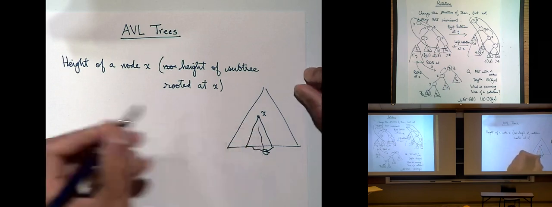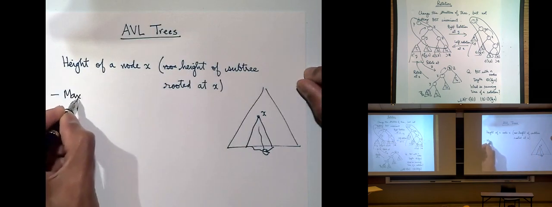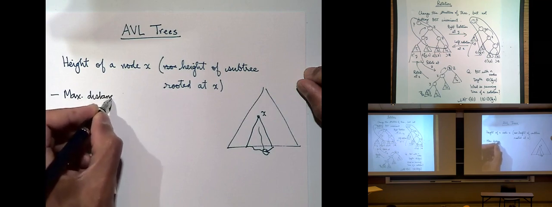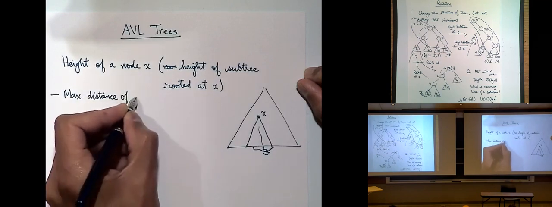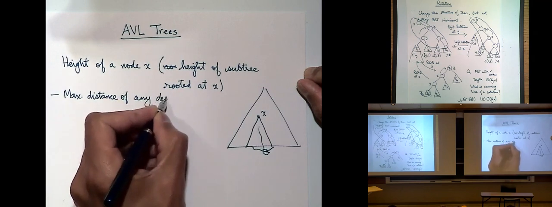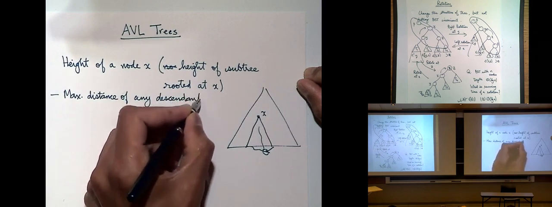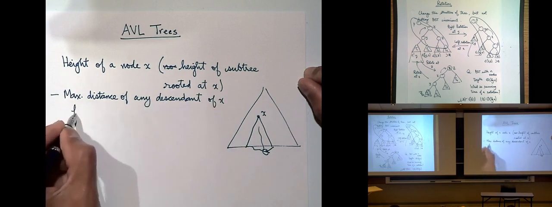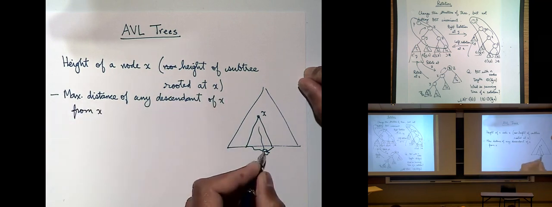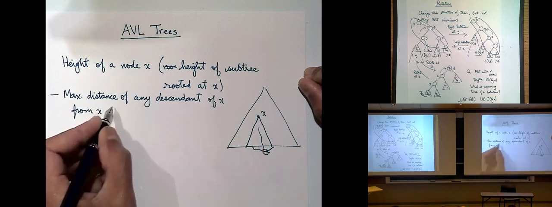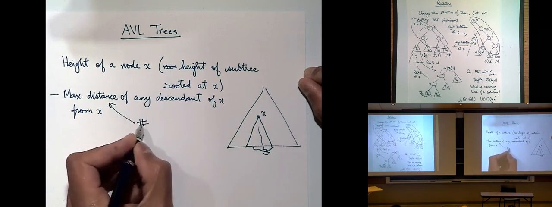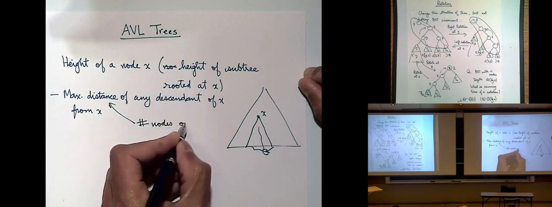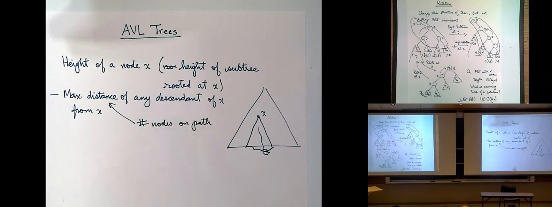So it is the max distance of any descendant of x from x. You look at every descendant of x and measure the distance, and we'll measure distance as the number of nodes on the path, although usually the number of edges is more common, but we'll just use the number of nodes.